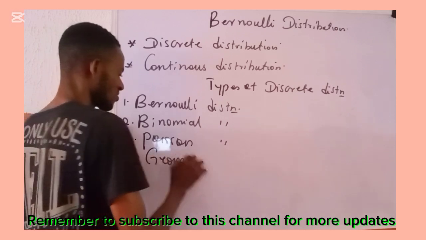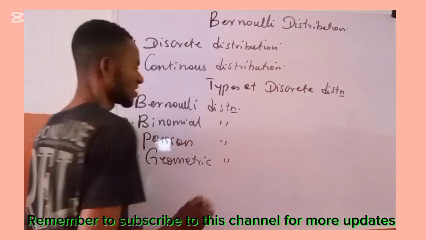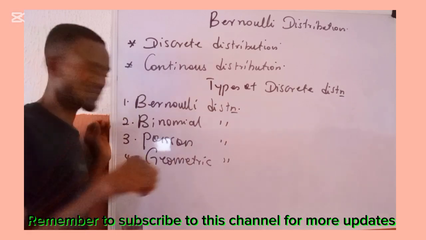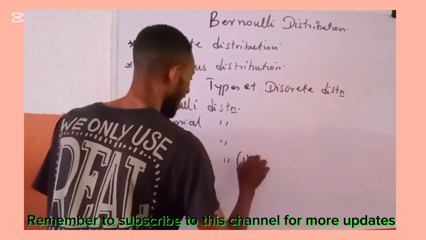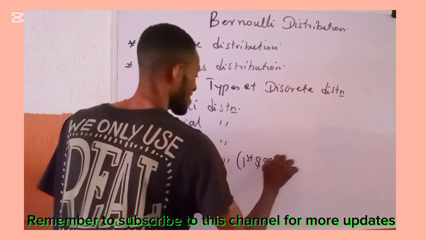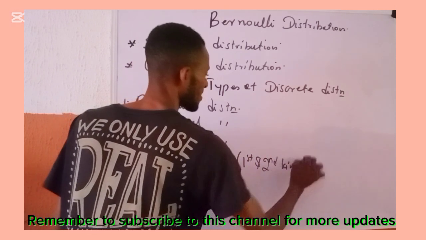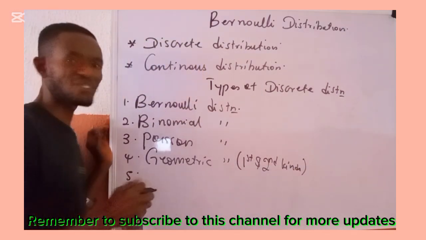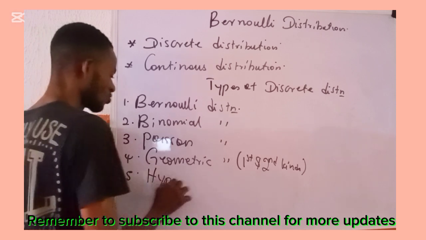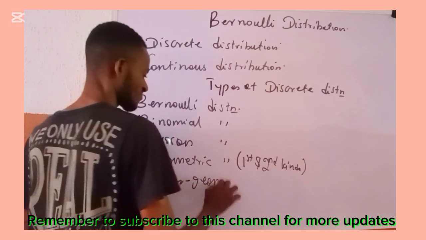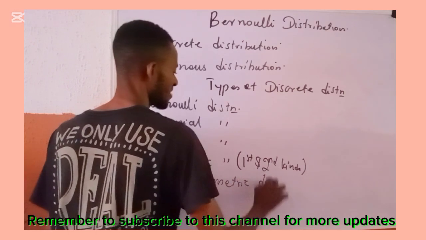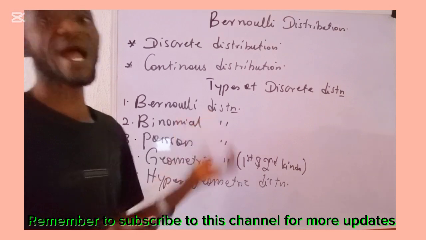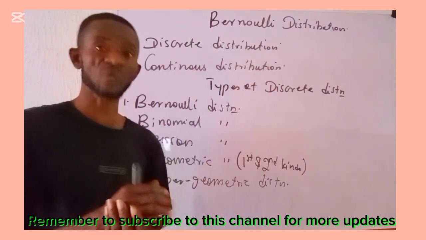In the geometric distribution, we'll be discussing its first and second kinds. And then we equally have the hypergeometric distribution. These are some of the types of discrete distributions which we have.